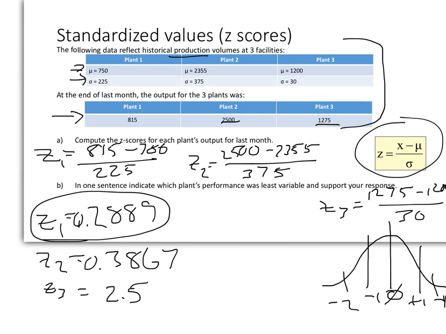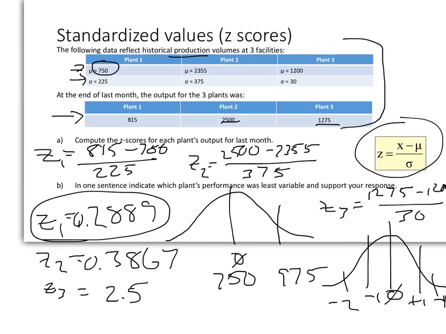Now, looking back, if we were to convert this back and draw our standardized values, I'll do this for plant 1 here. We've got 750, right? We've standardized that to 0, the mean. And then plus 1 standard deviation would be 225, so 975 would be 1 standard deviation.